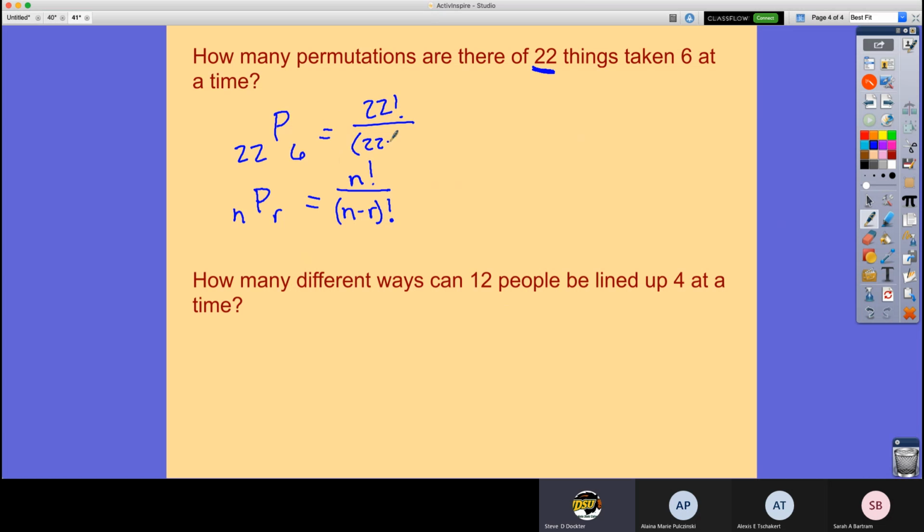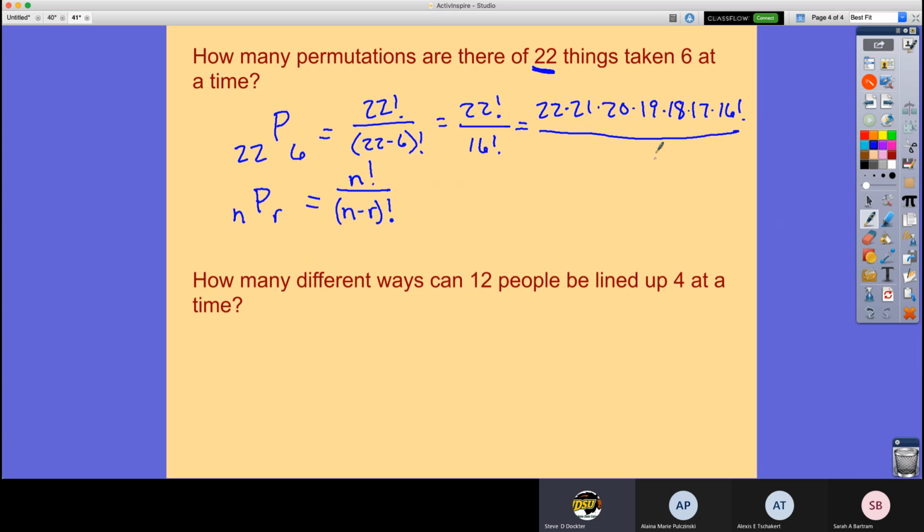And then on the bottom, we'd have 22 minus 6 factorial. So technically, we'd have 22 factorial over 16 factorial. Now, what you could do is on the top, we've talked about this before, you could take 22 times 21 all the way down to 16 factorial.